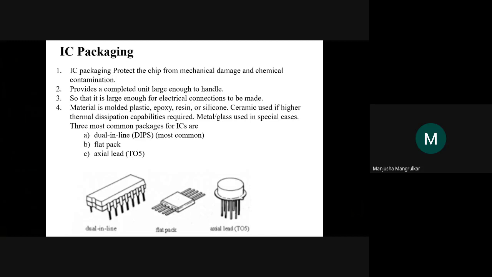The material is molded plastic, epoxy, silicon, or ceramic, which is used if higher thermal dissipation capability is required, and metal and glass are used in special cases. The most common packages are DIPs, dual in-line, which is the most common type of IC, then the flat IC, and the axial lead IC.